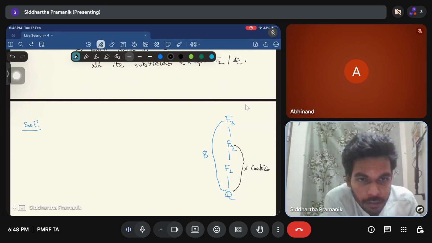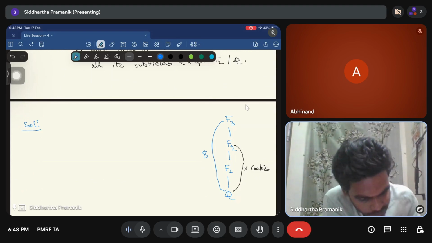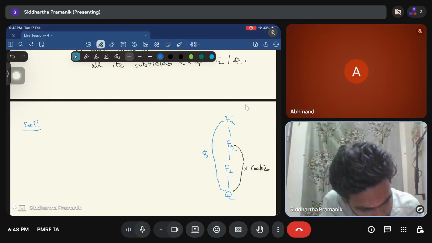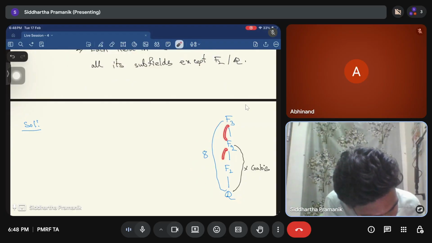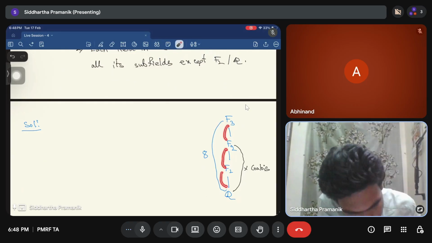So first, let's make one easy observation: this degree is 8. So the degree of this intermediate one has to be 2.